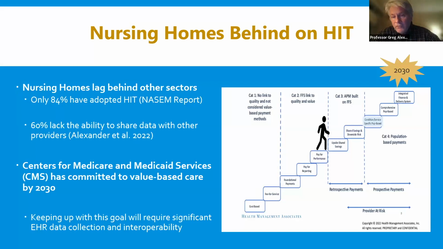Those are important things, especially as interoperability is being promoted as the next thing for value-based purchasing by 2030 by our Centers for Medicare and Medicaid, which support and fund our residential care facilities. So they need to be supported, and that's part of my work, to try to influence that policy by showing where the gaps are.